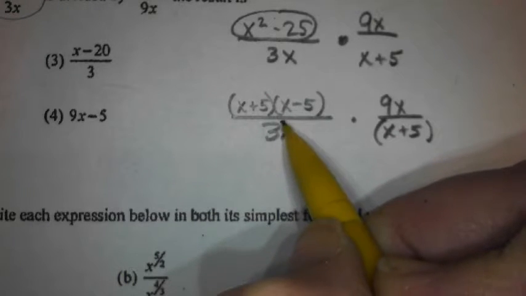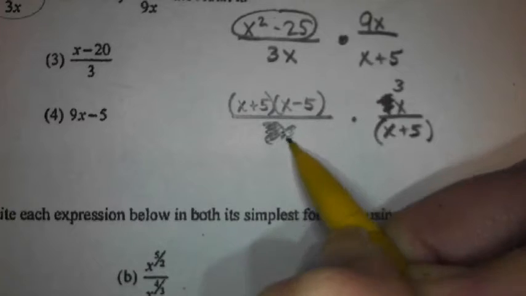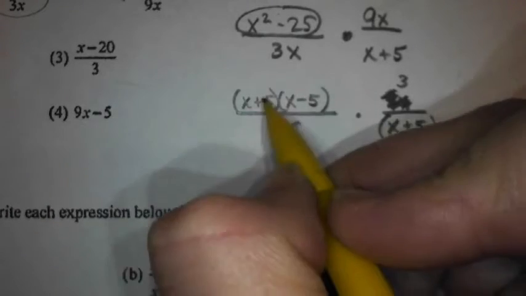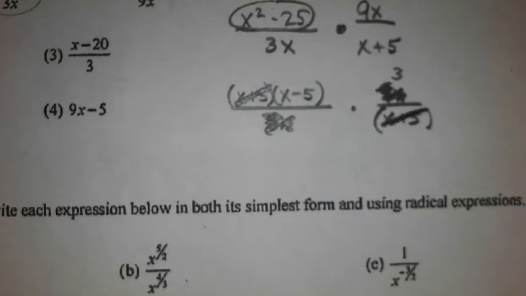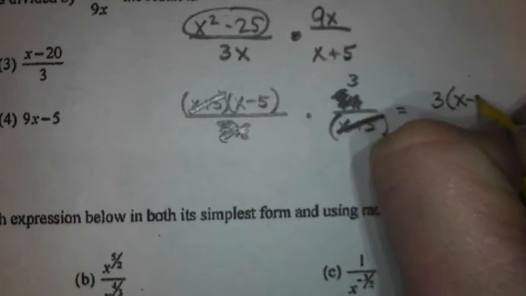Right, so the 3 and 9, the 3 is going to cancel, the 9 is going to become a 3, and then the x and the x are just a complete wash. So yes, it's just a 3 up top, right? What else? Cameron? X plus 5, very good. And then that's it. So I have a 3 and an x minus 5.